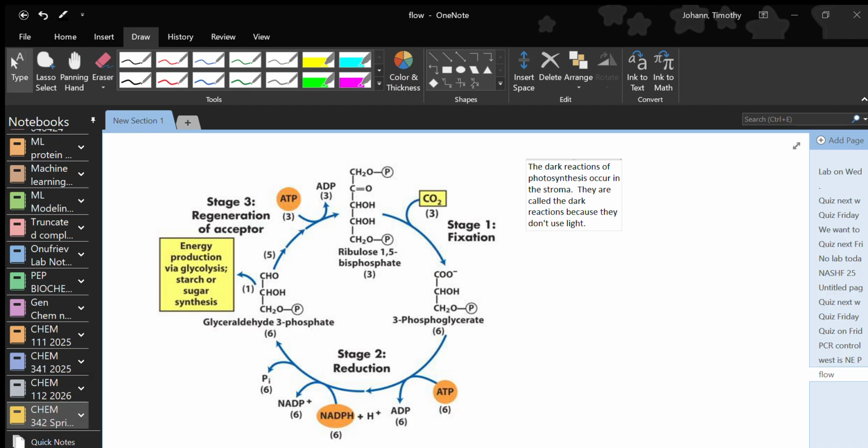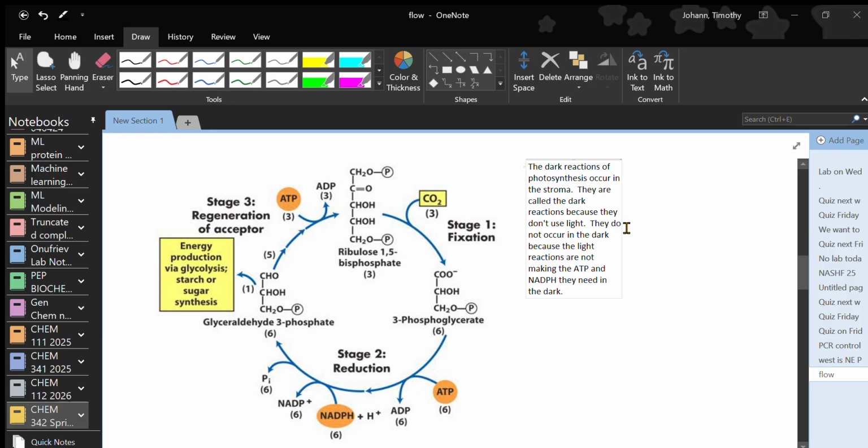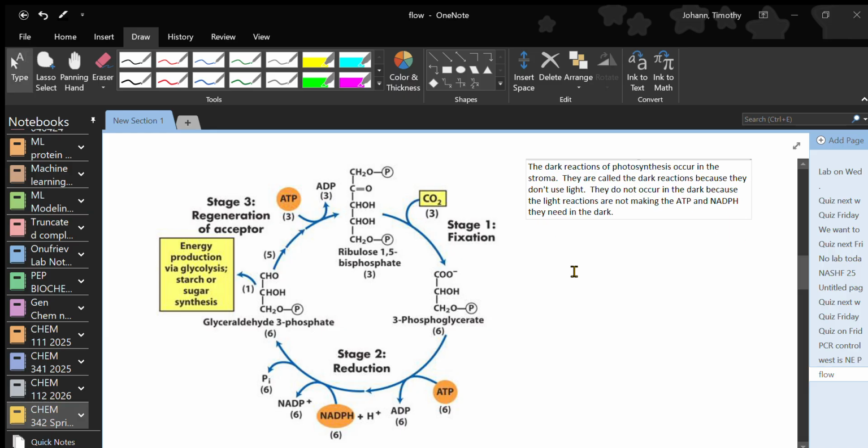Okay, they do not occur in the dark, because the light reactions aren't making the ATP and the NADPH they need in the dark. Does that make sense? Okay. Questions?